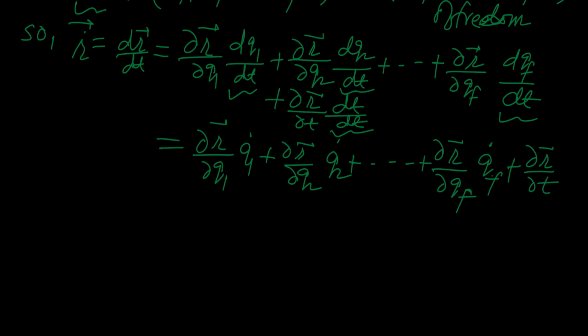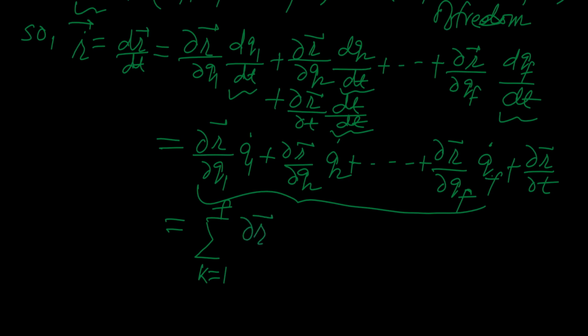Now see these f terms. In a compact form, we may write it by assigning the sign of summation, summation over k equal to 1 to f of del r by del qk dot.